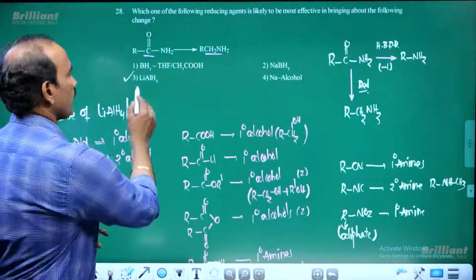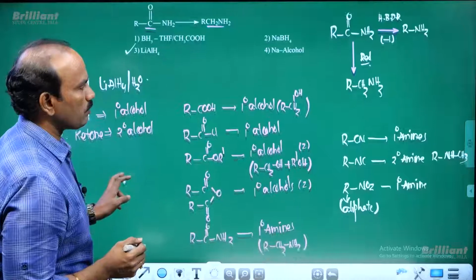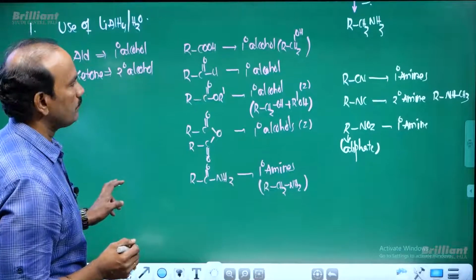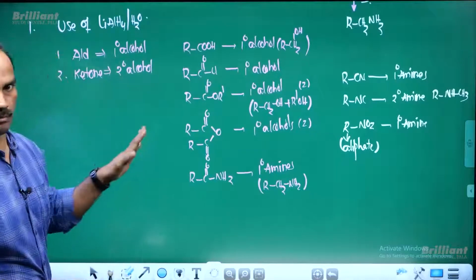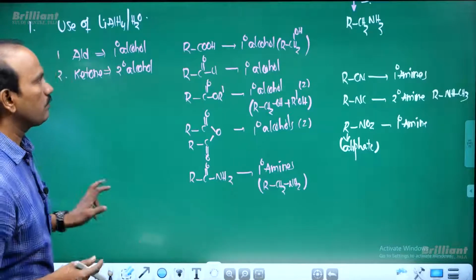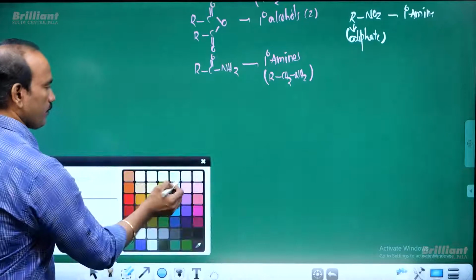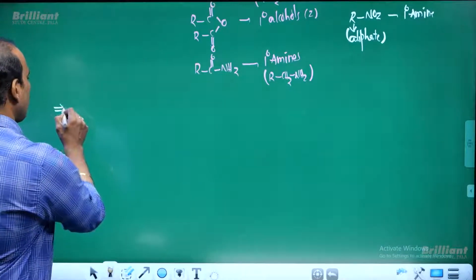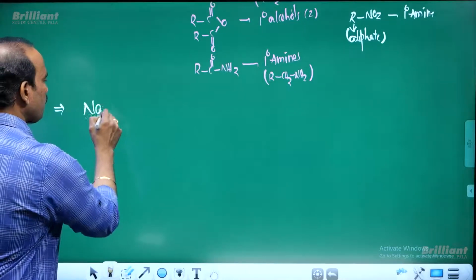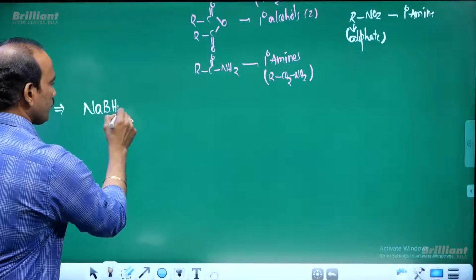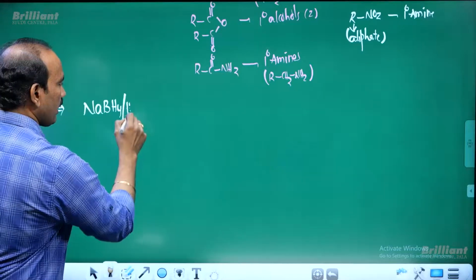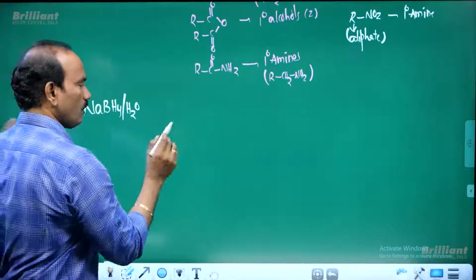This is LiAlH4. Next one is, okay, note this point. Second one, NaBH4 followed by hydrolysis. Only 3.